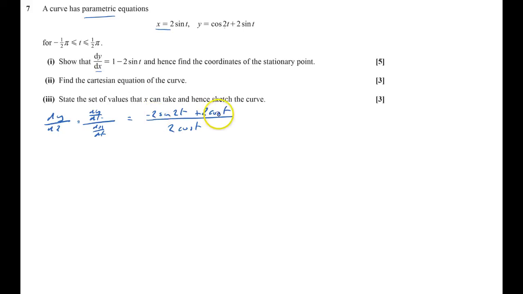Right, I need to simplify this a bit. I know what sine 2t is, so that will be the same as minus 2 times 2 sine t cos t plus 2 cos t all over 2 cos t. I'm going across the page here to try and save some space.